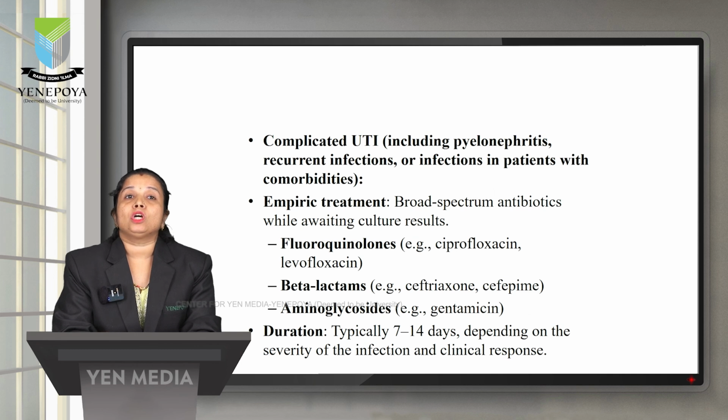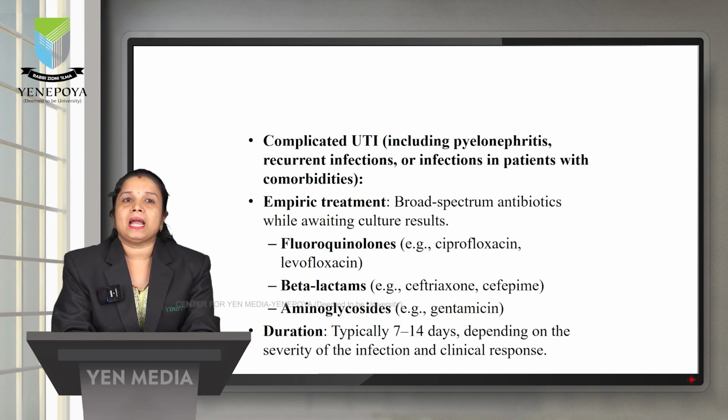Next, coming to the complicated UTI. The complicated UTI, as I told, includes pyelonephritis, recurrent infection or infection in patients with other comorbid conditions. Here we are using broad spectrum antibiotics, which include fluoroquinolones, such as ciprofloxacin and levofloxacin.